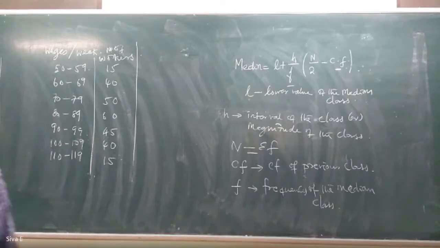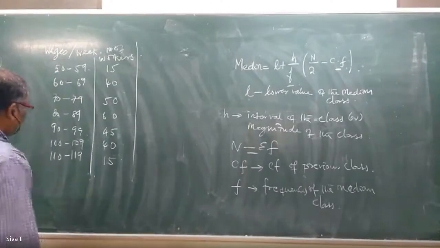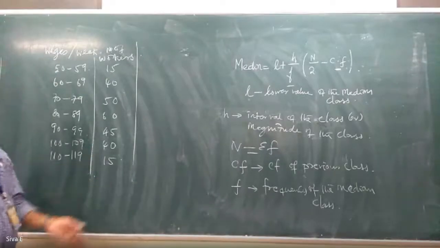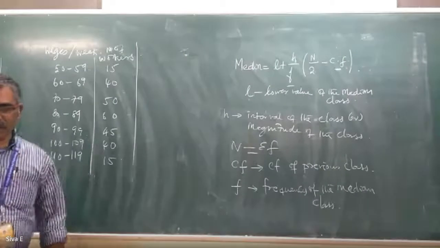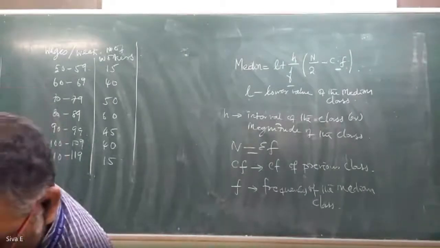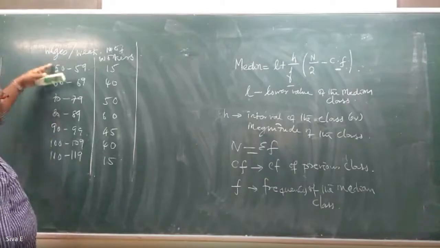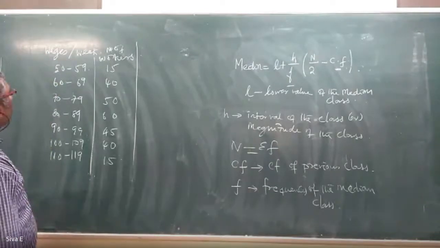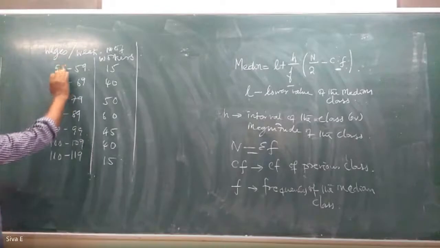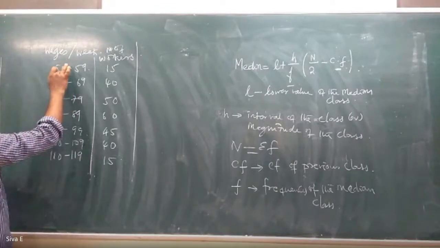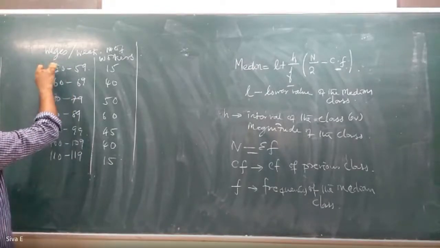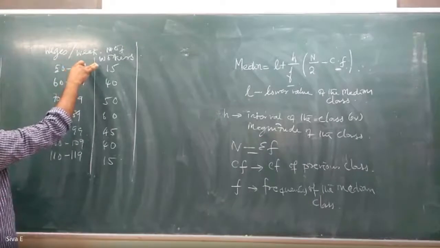When the given data is of the inclusive type, we have to change it into the exclusive type. So how to change it? We have to write this table once again: subtract 0.5 from the lower limit and add 0.5 to the upper limit.